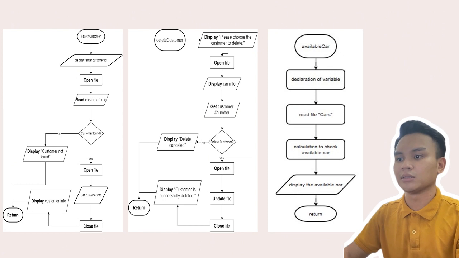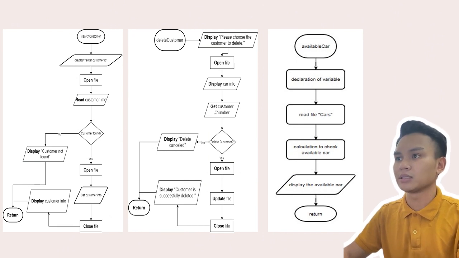The customer file is closed after the customer has been chosen. Then it will display customer is successfully deleted. If no, then it will display delete is cancelled. And then in the end it will return to the main menu.